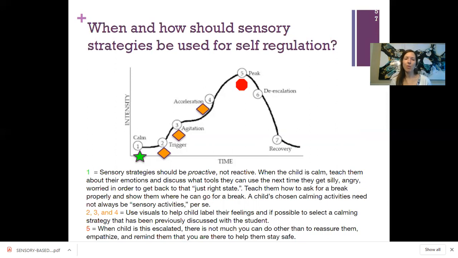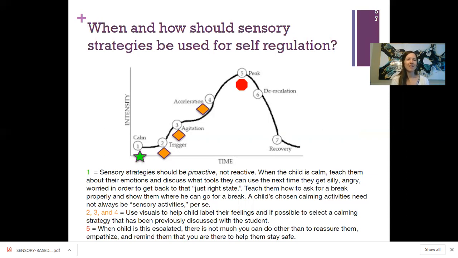That is the time when they can learn, and you're being proactive with the sensory strategies. Also, if you're teaching them what the emotions are, or teaching them a program like the Zones of Regulation, or using a little thermometer, happy, silly, upset, things like that, teach those when they're calm.